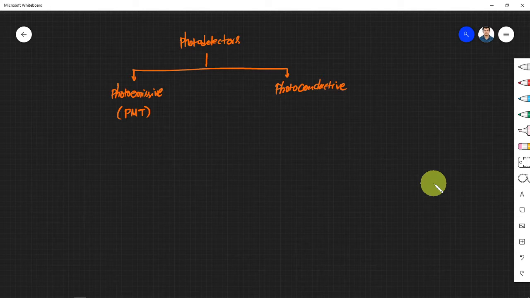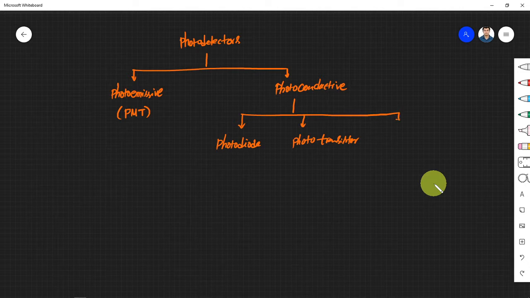The photoconductive types we divide into three broad categories, three popular types of device. One is our regular photodiode, then we have the phototransistor, and at the end we have photoconductors itself.